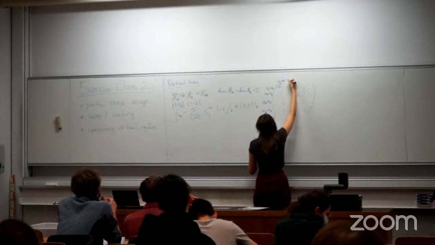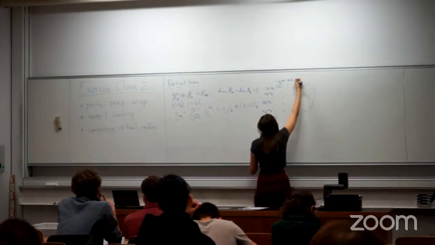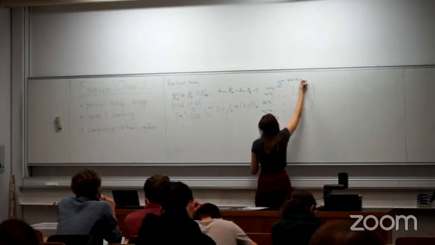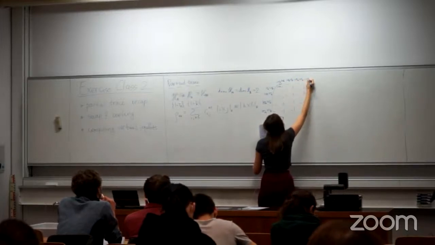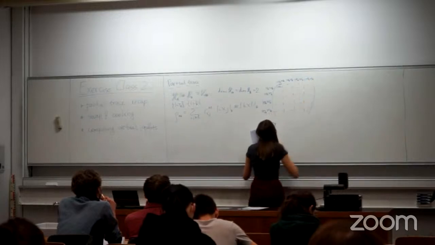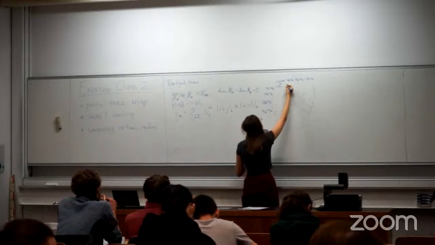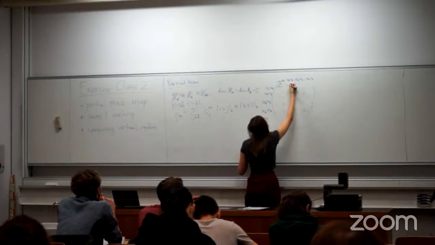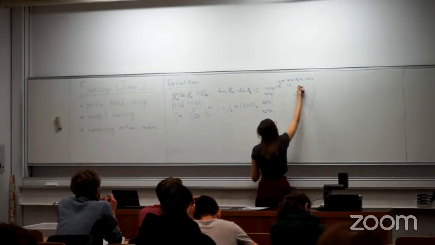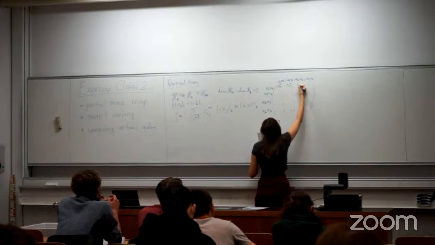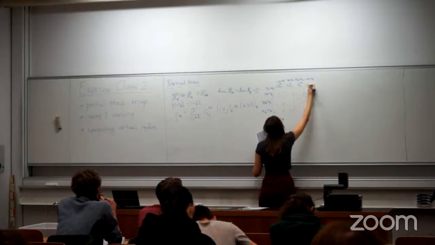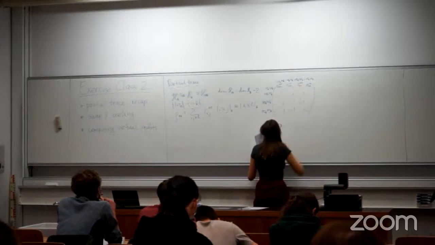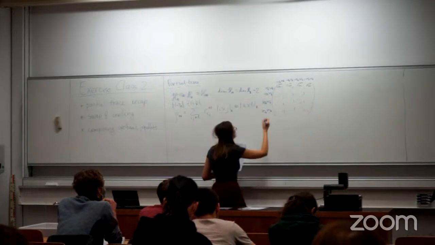So we have 0_A 0_B, 0_A 1_B, 1_A 0_B, and here we have 1_A 1_B. Then here we have 0, 0 on A, 0, 1 on B. Here we have 0, 1 on A, 0, 0 on B. Here we have 0, 1 on A, 0, 1 on B. And so on.